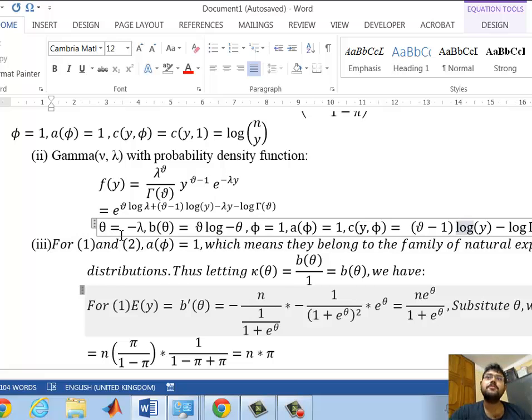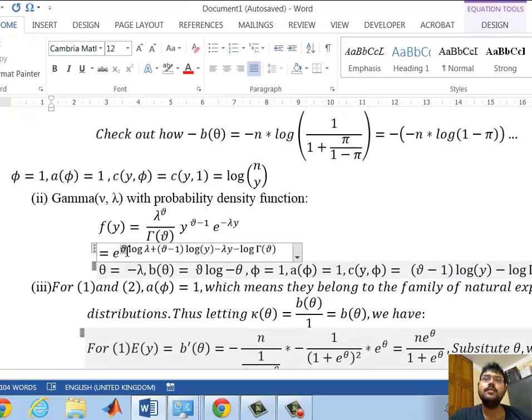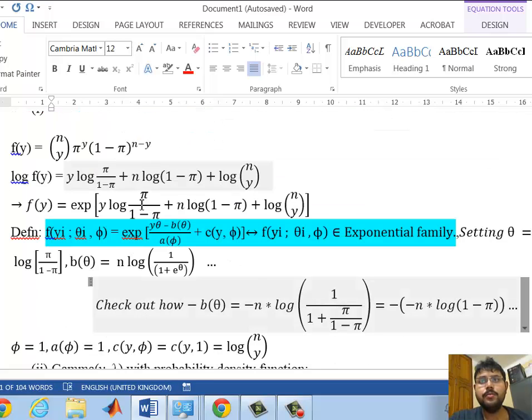Okay, so spend some time on this. How we actually parse these parameters, where theta is minus lambda. So we parse these in terms of our blue formula.